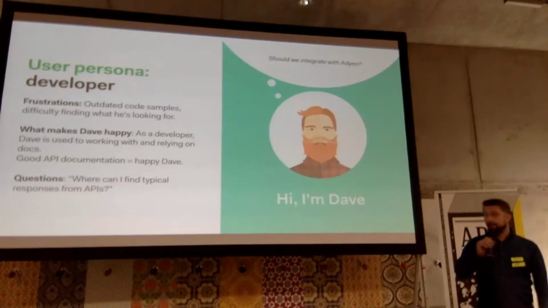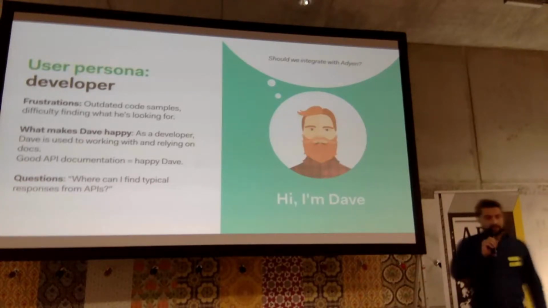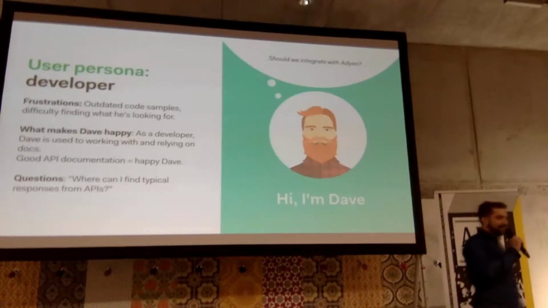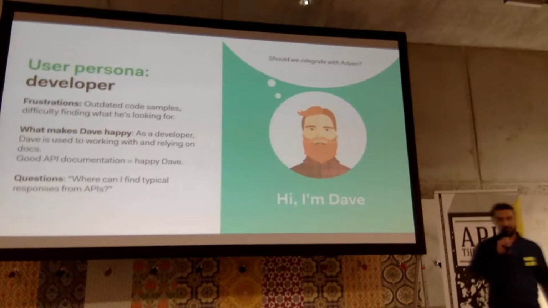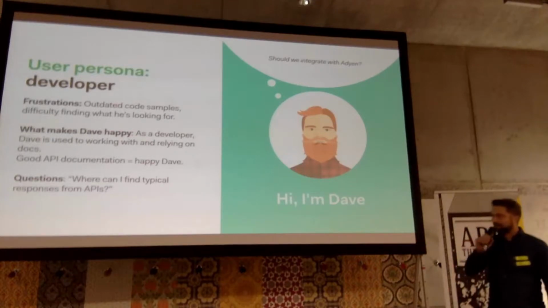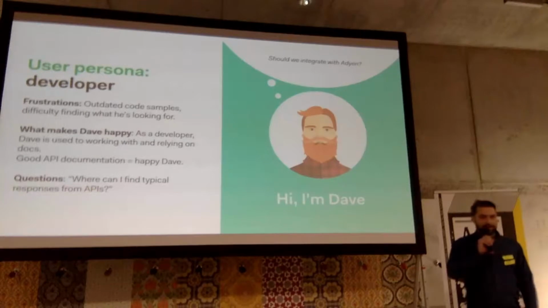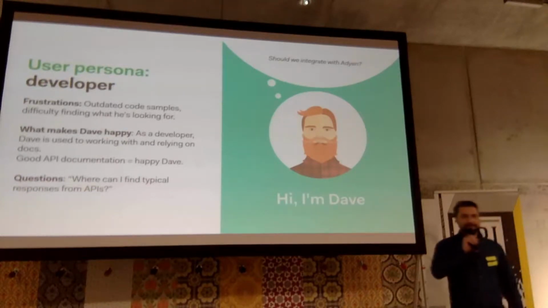In the case of Dave, we found out that the most important thing for him is to have all the code samples working, and if there is good API documentation which is up to date, it will make him happy. One of the most important questions for him is, how can I see the possible requests and responses?